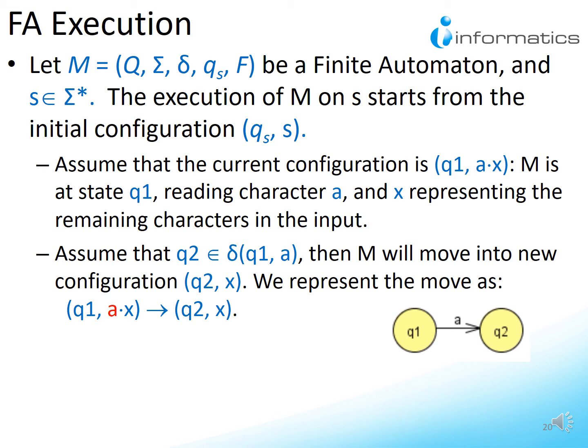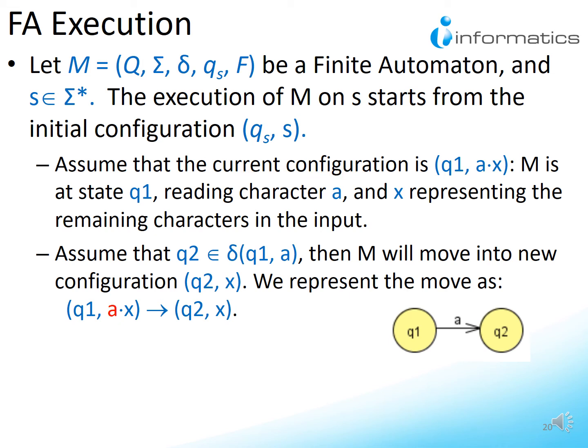From the initial configuration, it will go to the next configuration, and so on and so forth. And finally, the machine stops. How does the machine move from one configuration to the next configuration?